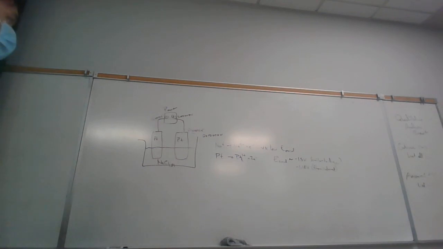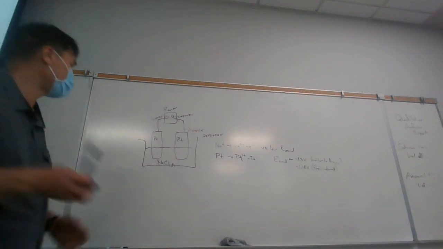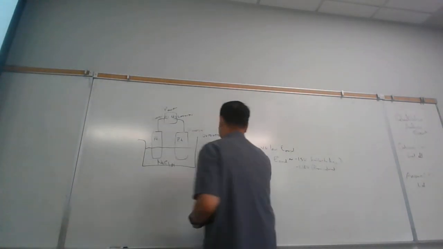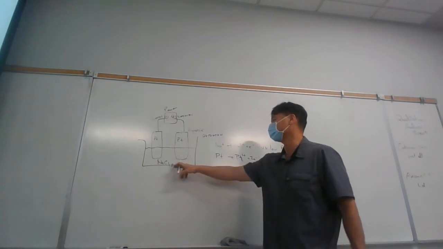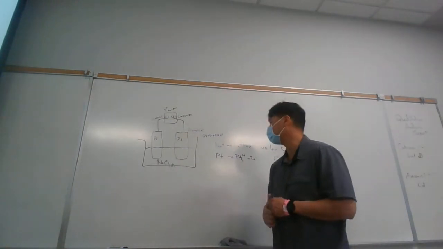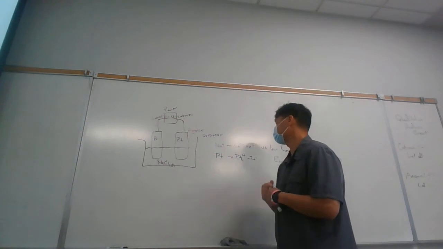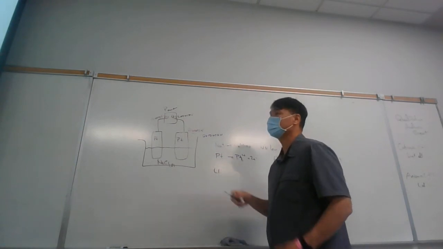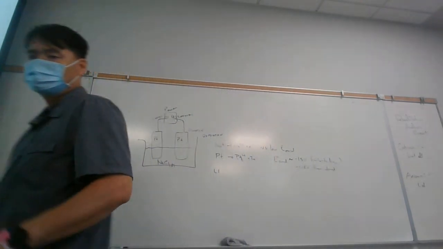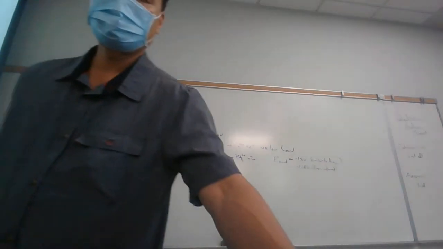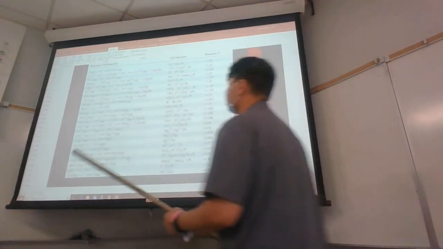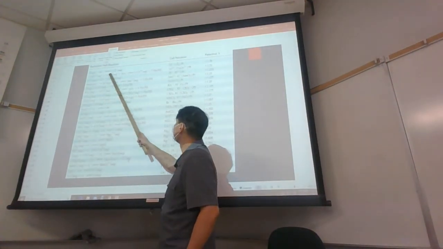Okay, what else do we have here? What else we have is sodium, platinum, and chloride. And that's it. This is molten sodium chloride, so we have to heat that up and melt it. What is the oxidation potential of chloride? Well, that's in our book here. So if we look at the reduction potential for chlorine, it forms chloride.